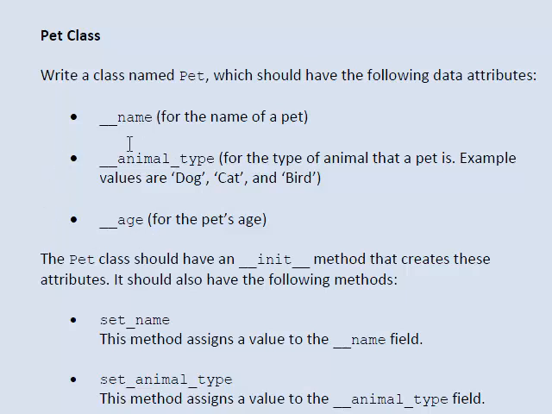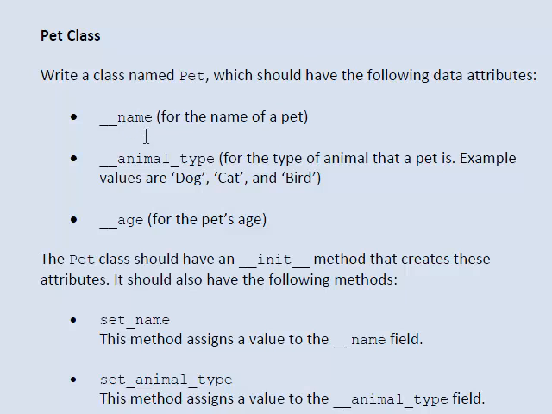I should mention that we're prefacing the names of these attributes with 2 underscore characters, and you'll recall from your textbook that when we preface a data attribute name with 2 underscore characters, that's how we hide that attribute from code that's outside the class. It's similar to making the attribute private in other programming languages.